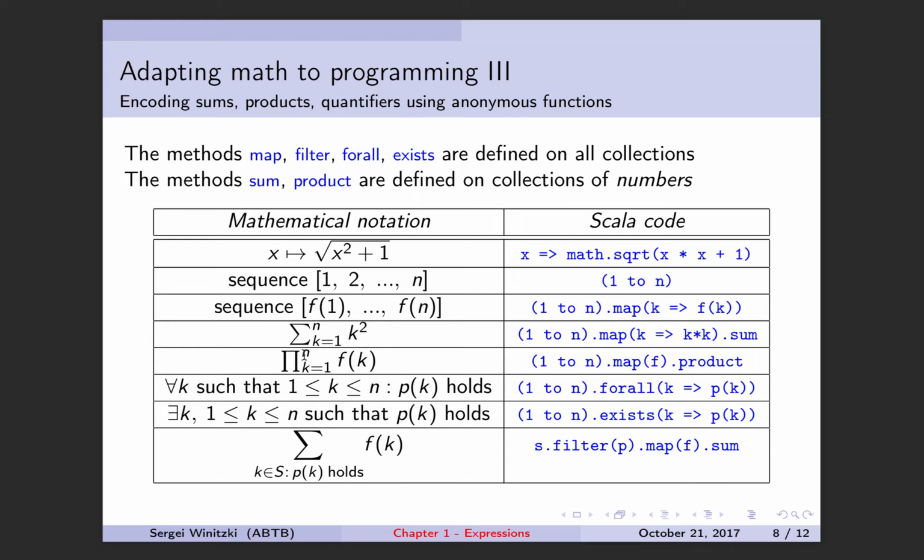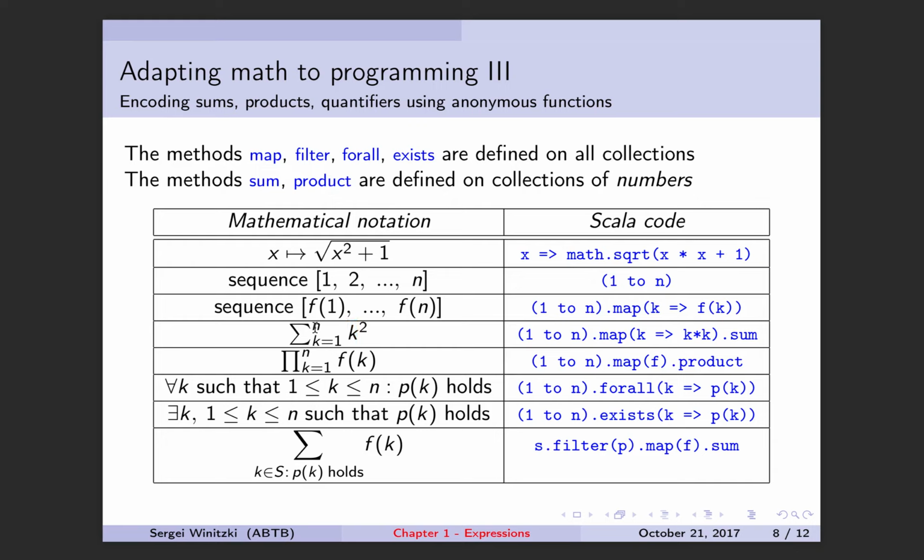But in many cases, mathematical notation does not emphasize that there is a function or anonymous function under the hood. So for example, in this formula, the k is a letter that denotes an argument of an anonymous function, actually. This k is not a value defined outside of this formula.